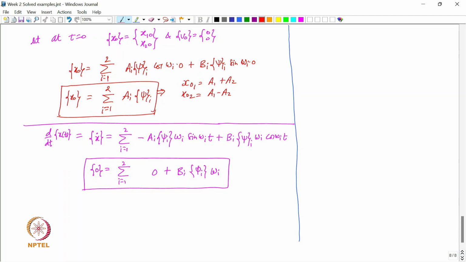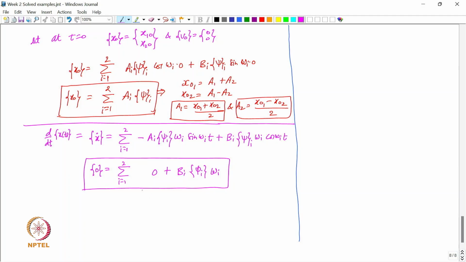If you solve for a1 and a2, what you get essentially is a1 is equal to x naught 1 plus x naught 2 upon 2, right, and a2 is equal to x naught 1 minus x naught 2 upon 2. So, these two general expressions you got for a1 and a2.